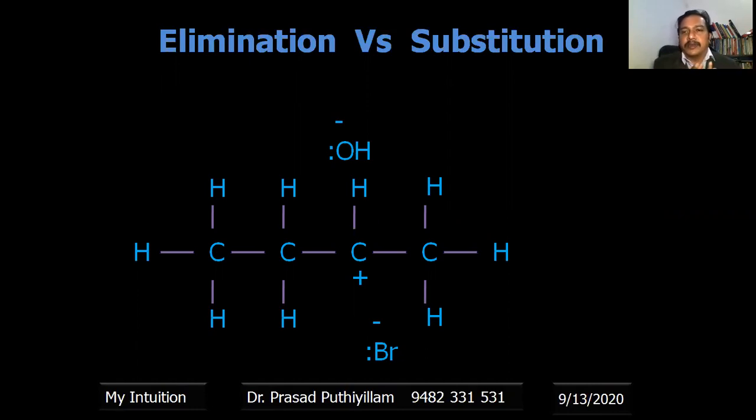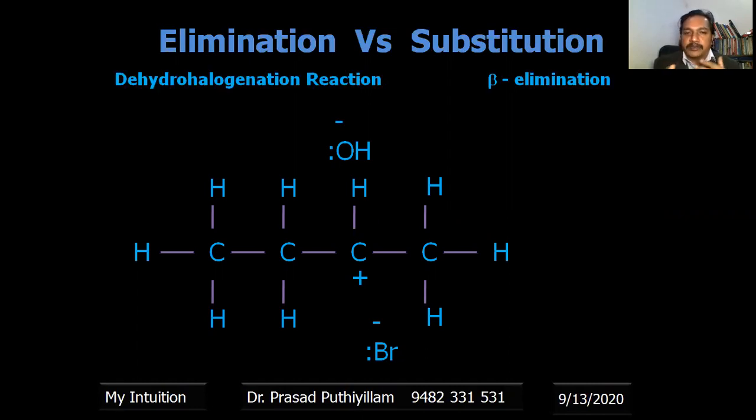and it follows Zaitsev's rule. How the Zaitsev rule is formed, I explained. Here that is a dehydrohalogenation reaction, also known as beta elimination, because the beta hydrogen becomes the proton and it goes with the hydroxide ion. As a continuation of the nucleophilic substitution reaction, I said that it is a nucleophile, whereas in an elimination reaction we won't treat it as a nucleophile.